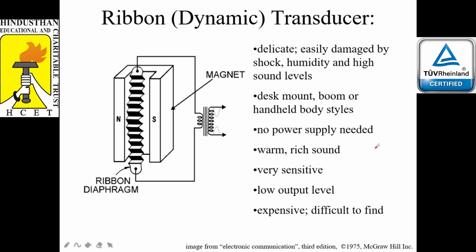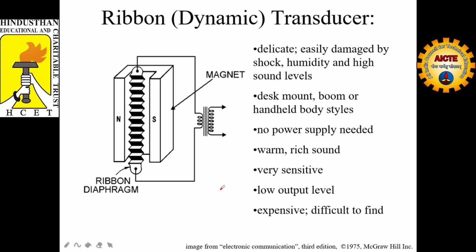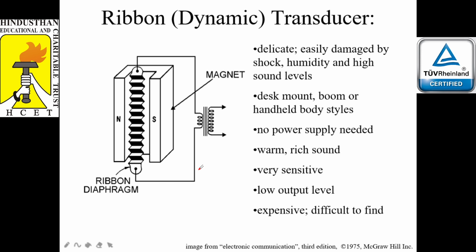There is another type called the ribbon transducer. It's highly delicate and very easily damaged, and it should not be kept in a humid environment like rain or in very cold places.